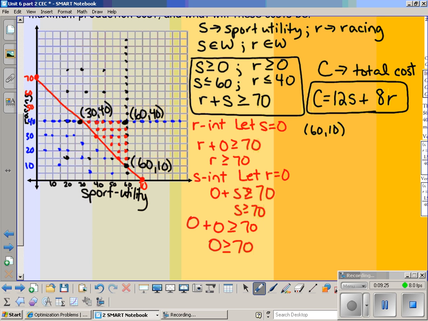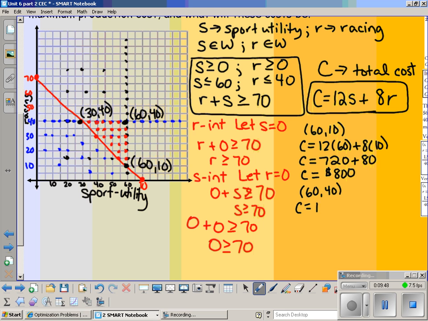Keeping in mind 60 is your S, we'll have C equals 12 times 60 plus 8 times 10, and we will end up with 720 plus 80, which is $800. All right, let's try our next one of 60, 40. We will have 12 times 60 plus 8 times 40.